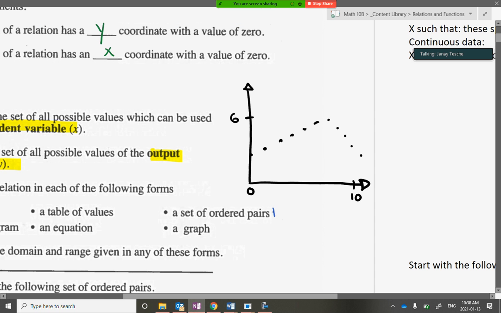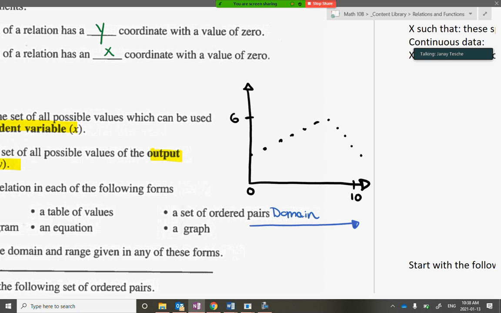Your domain is simply my horizontal values. So my domain here is just from 0 to 10. So it's just talking about giving context. It's like the words you'd use if you were talking to mathematicians and university profs. They'd say, the domain of this is from 0 to 10. This is the range of values on my x.